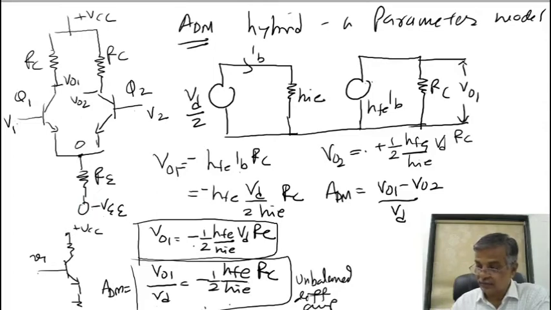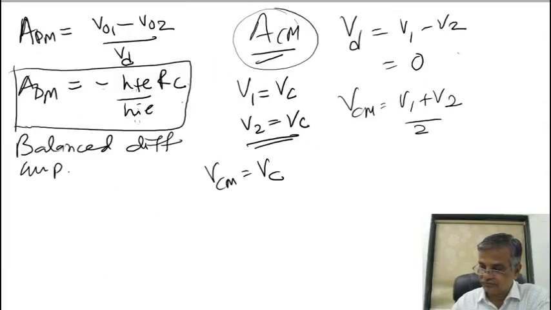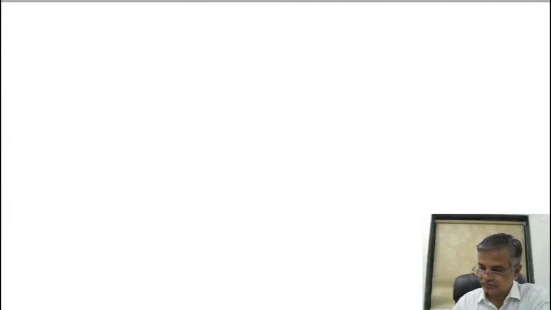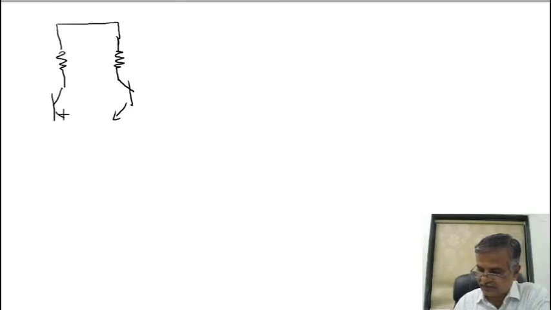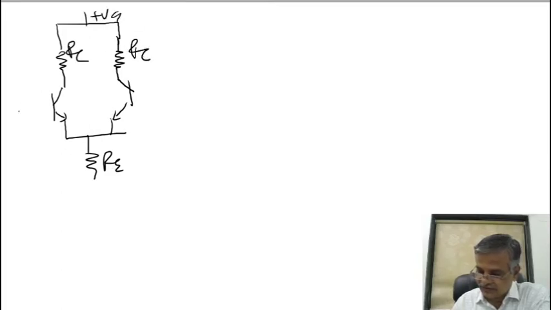So let me show it in a separate way, it is better for you. This is again the differential circuit. This is your RE, RC, plus VCC. Here V1, here is V2, here minus V.